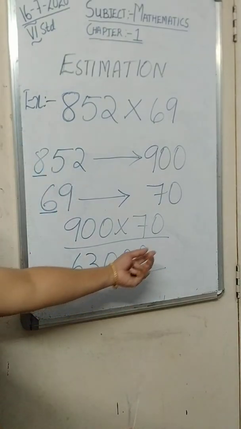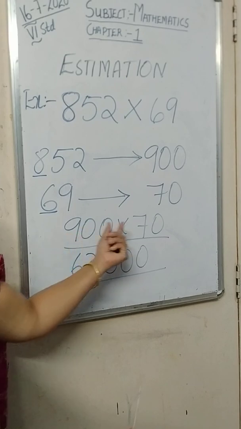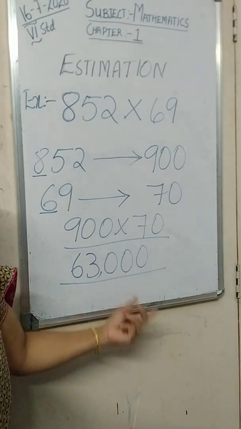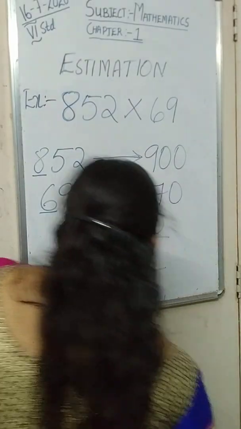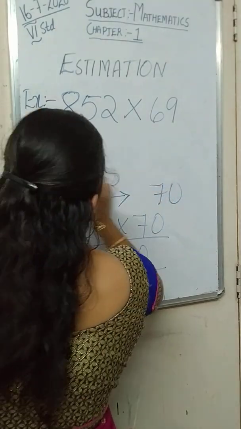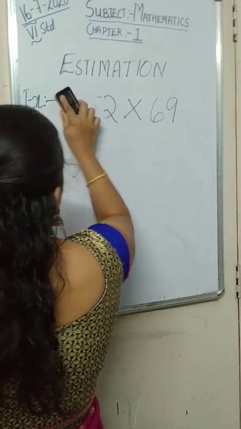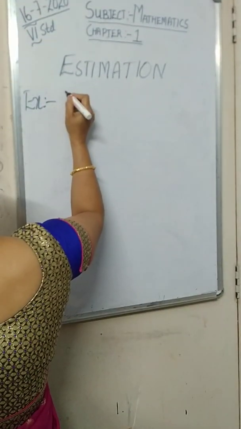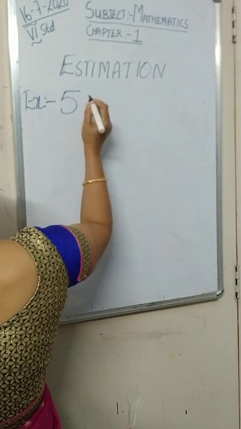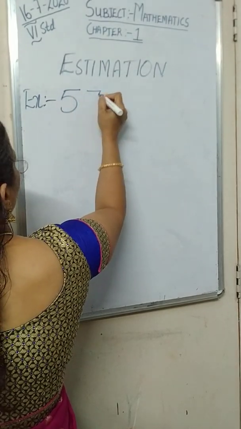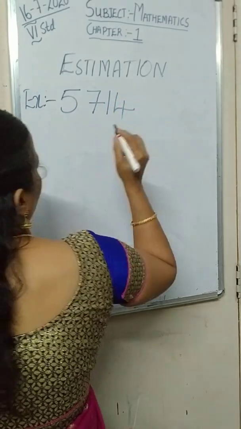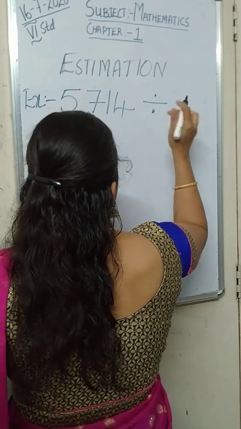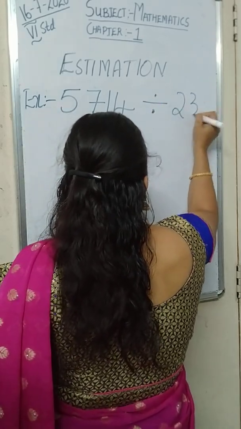Yes, when you have zeros, you can multiply the numbers and count the number of zeros here and you can write it. So it is 63,000. Now let us see the division of numbers after estimating. The example is 5,714 should be divided by 23.